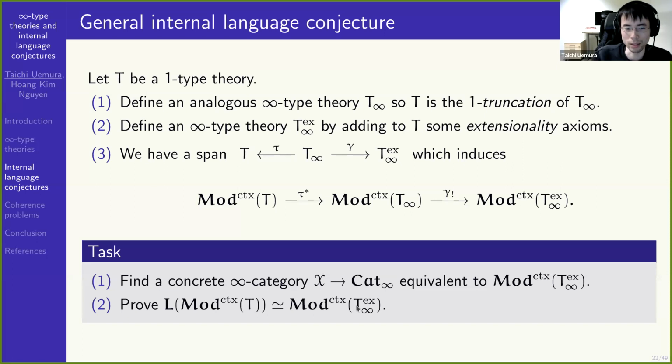Then we are done, right? If we prove these things, then we can say that T is an internal language for the infinity category X or something like that.